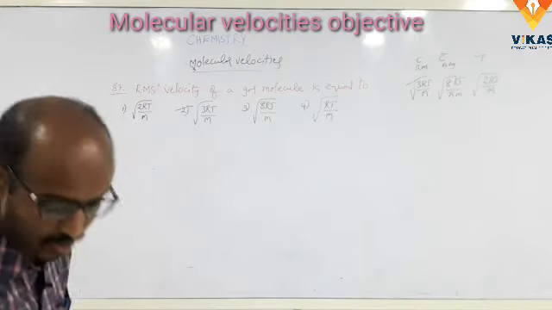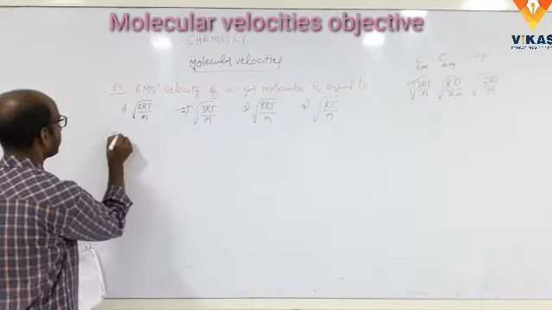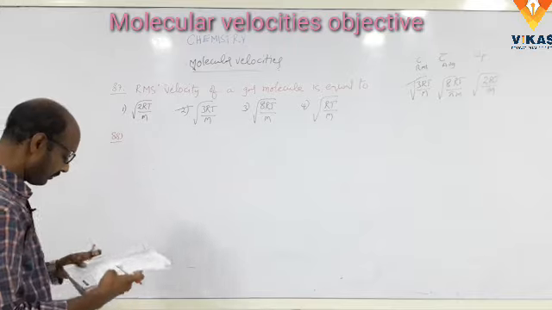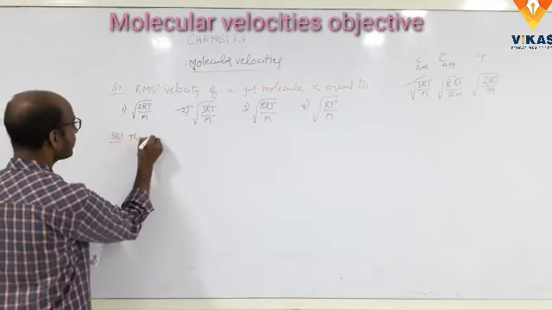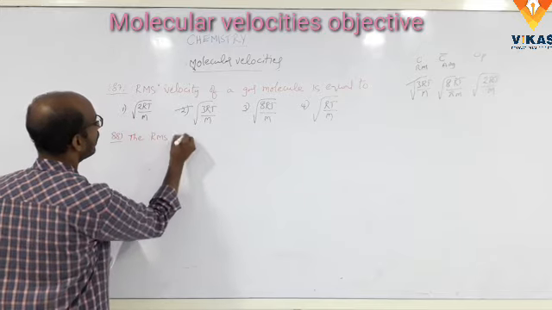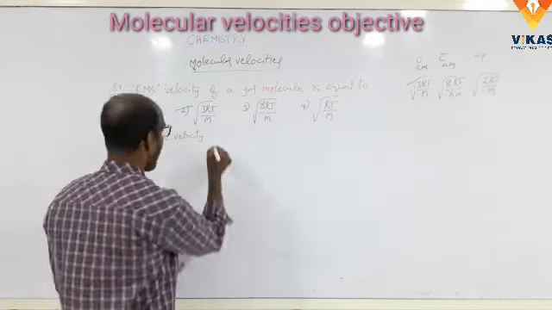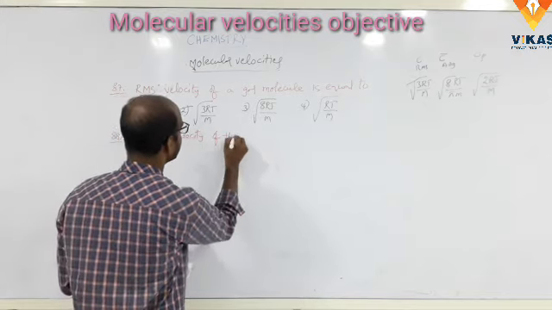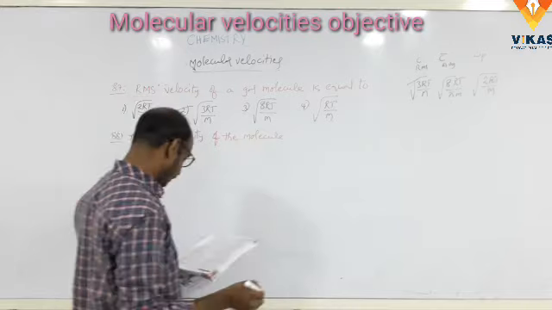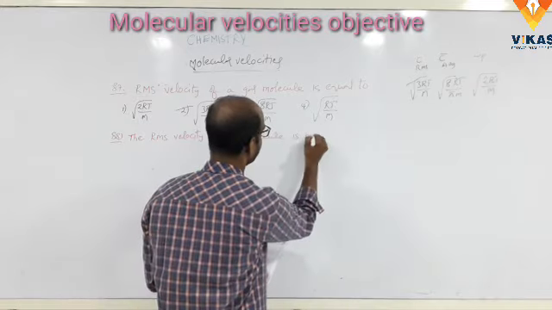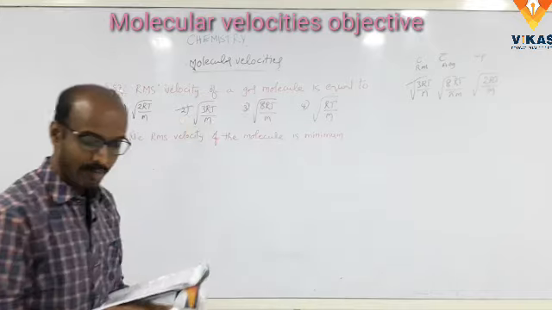Next, second question, number 88. What is the question? The RMS velocity of the molecule is minimum. We are given four options.